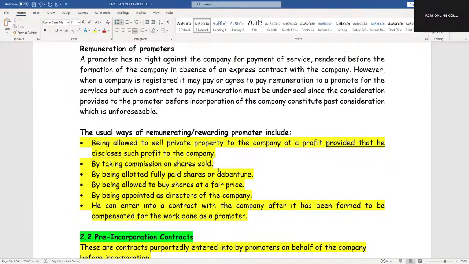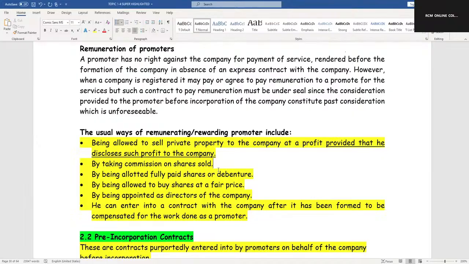He can also enter into contracts to enable the formation of the company. So he can enter into a contract with the company after formation, agreeing that he be compensated or remunerated for the work he has done as a promoter. After the company has been formed, he tells them, I've done a lot of work, guys, so ideally I must get something.